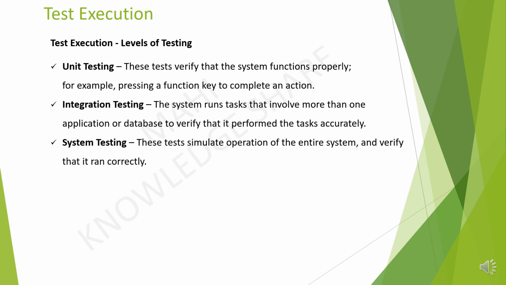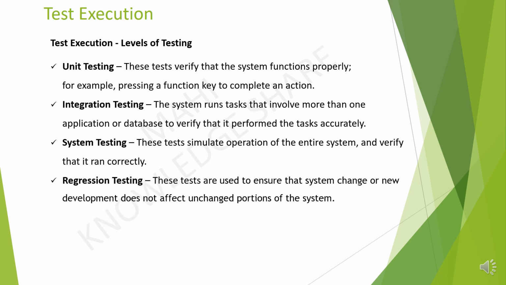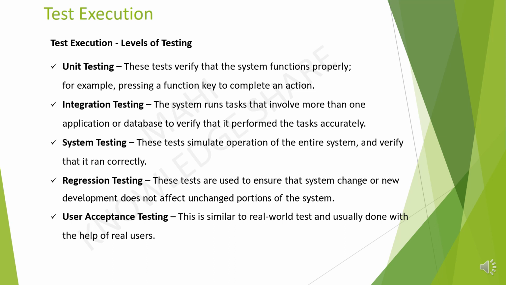These tests simulate operation of the entire system and verify that it can run correctly. Regression testing. These tests are used to ensure that system change or new development doesn't affect unchanged portions of the system. User acceptance testing. This is similar to a real world test and usually done with the help of real users.